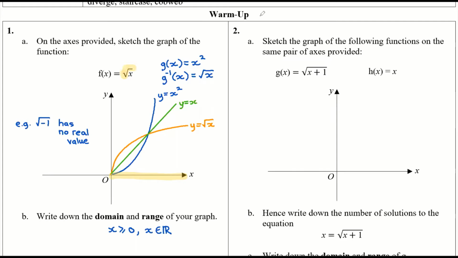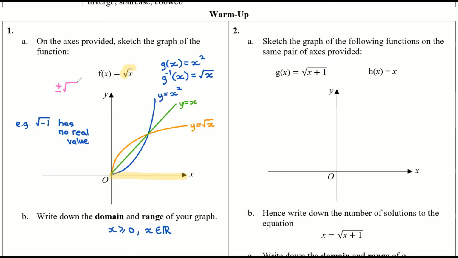I just want to spend a bit of time talking about this. The function that is not well defined is when you take plus or minus the square root. We talked about this in the functions chapter.